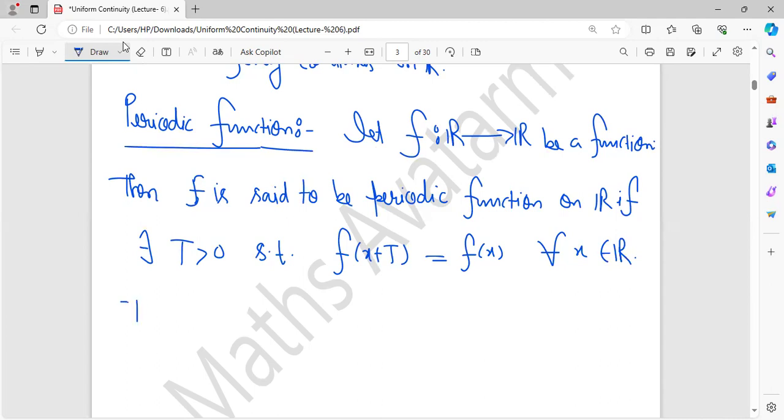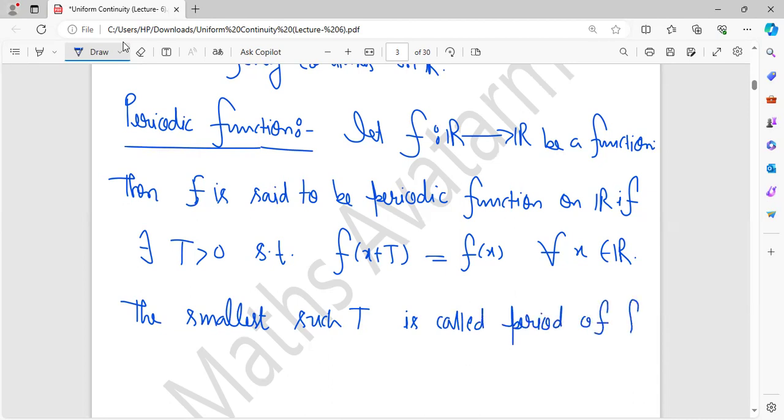The smallest such T is called the period of f. So a function such that there exists T greater than 0, f(x plus T) is equal to f(x) for all x belongs to R, such a function is called a periodic function.